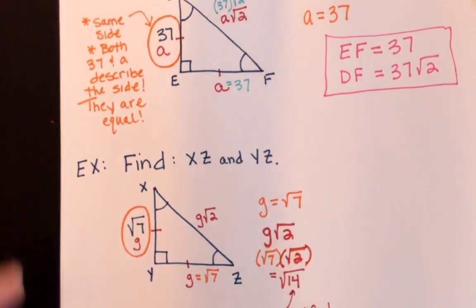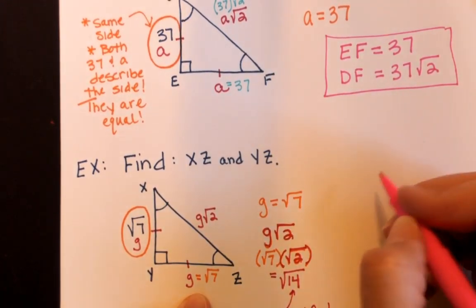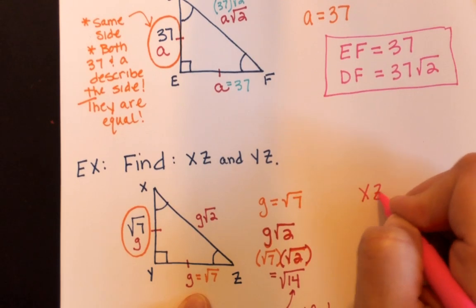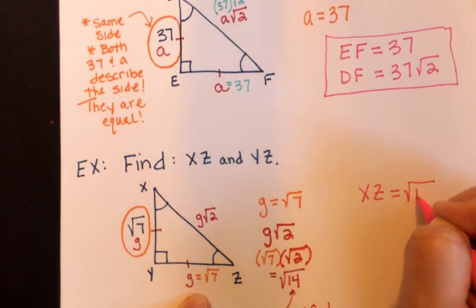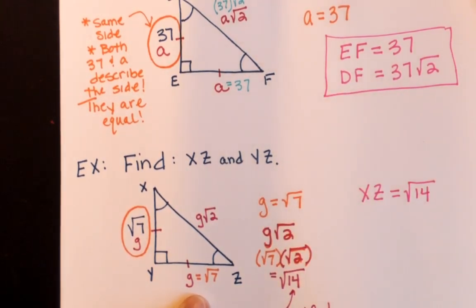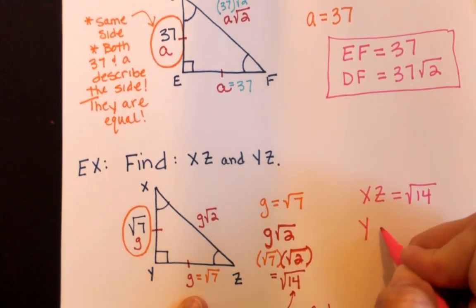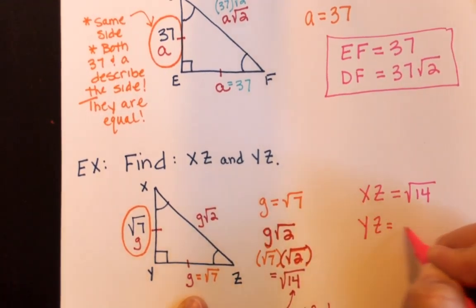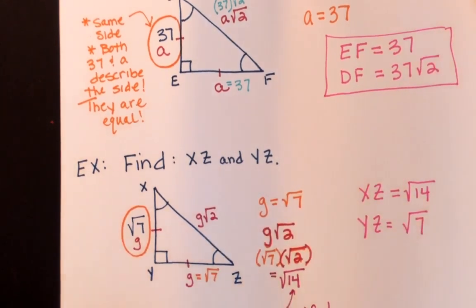So when I write my final answer, the sides that they're looking for, x, z, should be radical 14 because we want the simplified answer, not radical 7, radical 2. They're both under the square root sign, so we need to bring them together. And yz is radical 7.